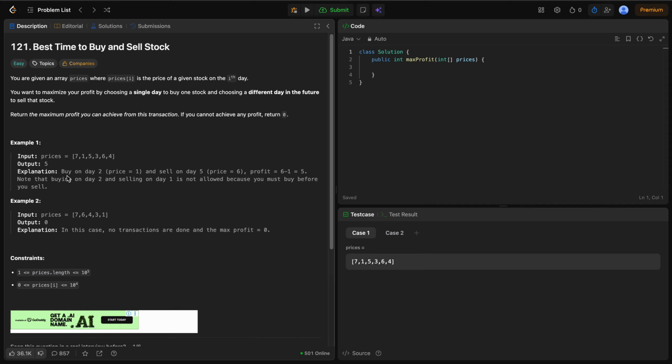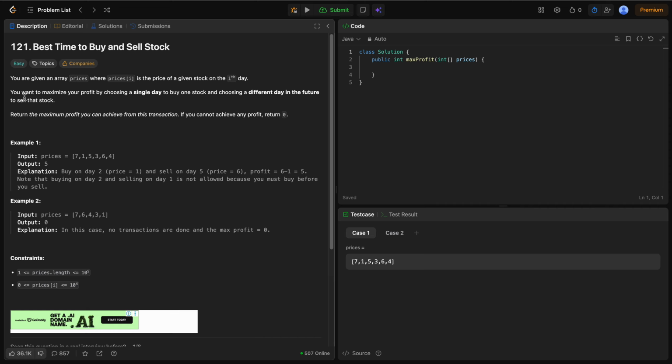It's because in the explanation they said buy on day 2. What's the price at day 2? It is equal to 1. So generally we might get confused, because in arrays the indices start from 0, but in reality we don't have any day 0, so let's consider this as day 1.